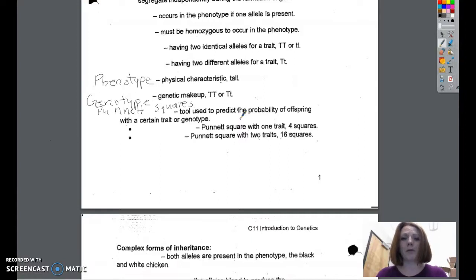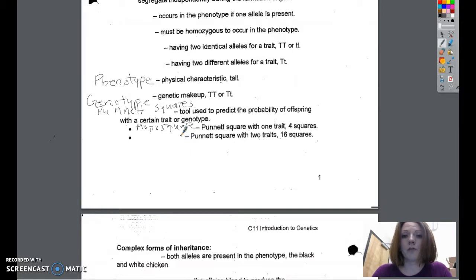So a monohybrid cross rather than a square. But regardless, it's mono, M-O-N-O. I'm trying to do a square. I'm going to have to figure out how to write better on this. Oh well, mono square. It works.